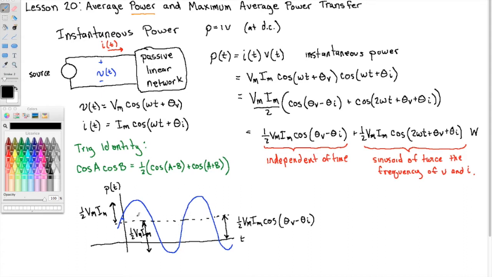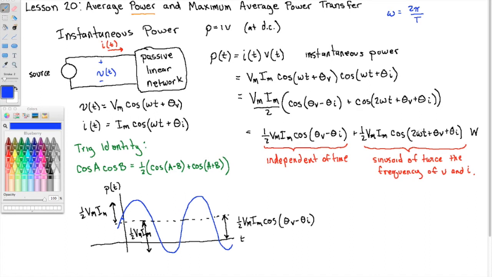Remember, if the frequency of our voltage and current was omega, I'll write this in blue at top right here. Omega is 2 pi over T, right?